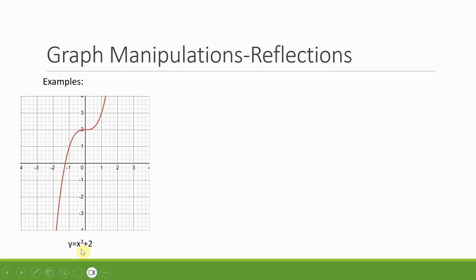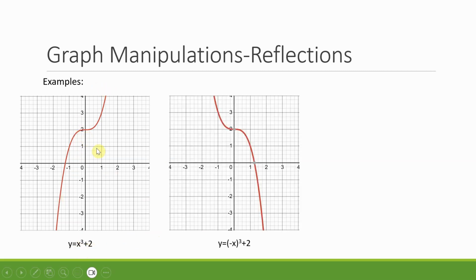As a starting point here, I'm going to use x cubed plus 2. It's kind of funky looking, but this is where it is and what it looks like. If I just go inside my parentheses and put a negative, that's going to flip left-right across the y. Let's start with the right-hand side. You can see I start at 2. I'm still at 2 because it's not going to move it around anywhere.